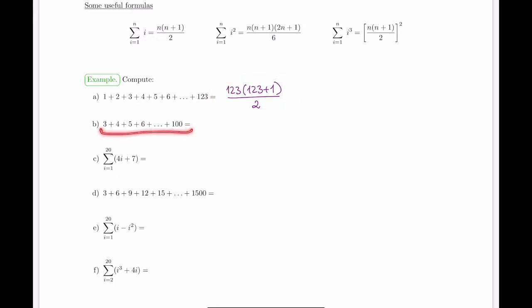Okay, next up we have 3 plus 4 plus 5 all the way up to 100. So the problem here is I cannot just apply this formula directly because within this formula, the sum has to start at 1, whereas in my case here, it starts at 3. So before I can apply this, I should come up with a sum that begins with 1.